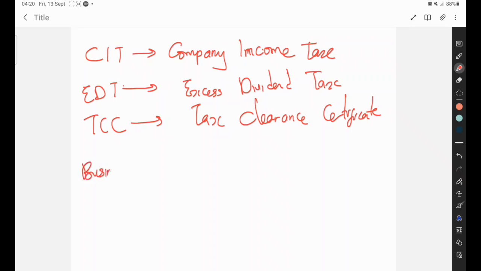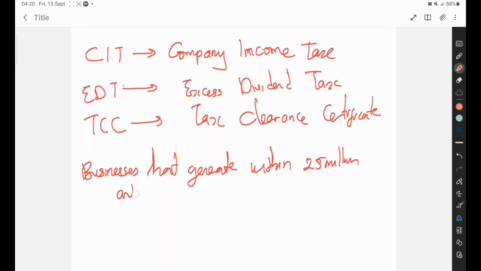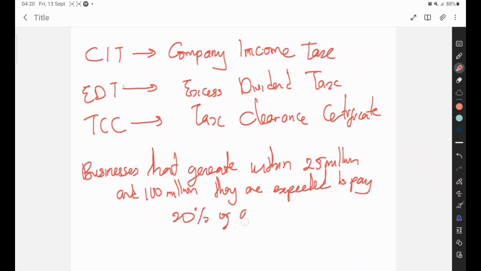For businesses that generate between 25 million and 100 million, they are expected to pay 20% of gross profit, so, of gross income.